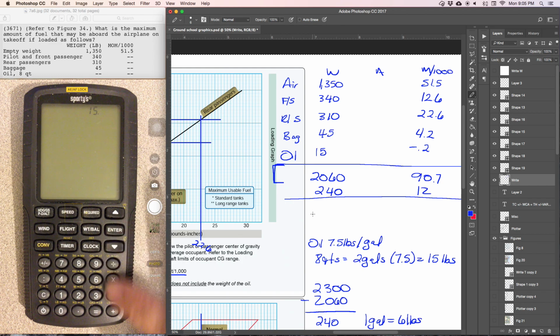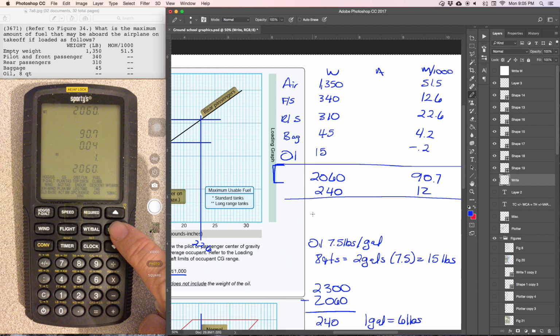Weight is 2060. Enter. Moment 90.7. Enter. Reduction factor 1. Now we're going to add the fuel, 240. Moment for the fuel is 12.